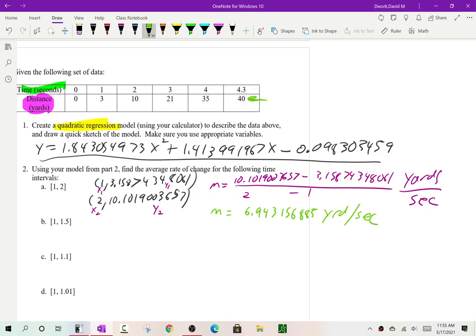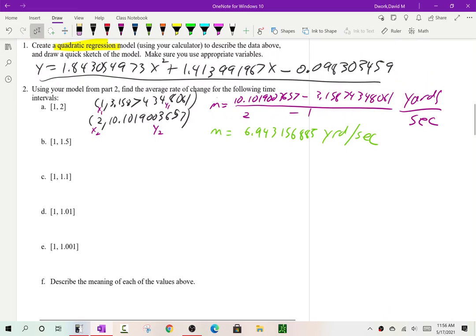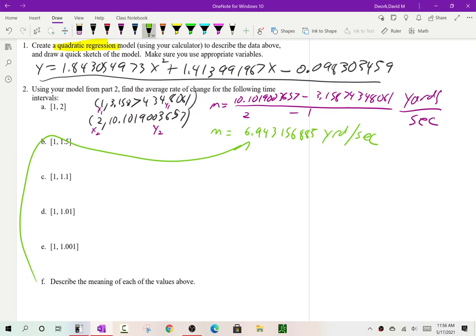So what does this mean? Well, I know in the time interval from 1 to 2 seconds, whatever this object was, it was traveling at an average rate of change of 6.943156885 yards per second. Okay, now we kind of cheated. I just did this part right here for the first one.